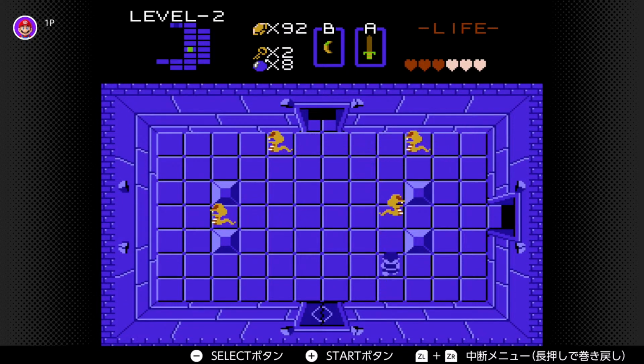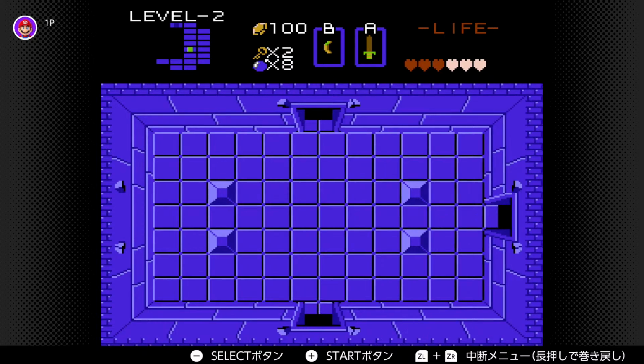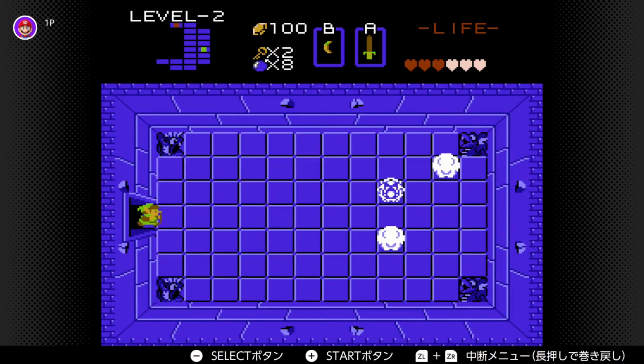Like some health, please. Nope. Of course not. So now it becomes... as you can see now that we have 100 rupees, say the hyaku in Japanese, the X symbol disappears and it gets replaced by the 100th.